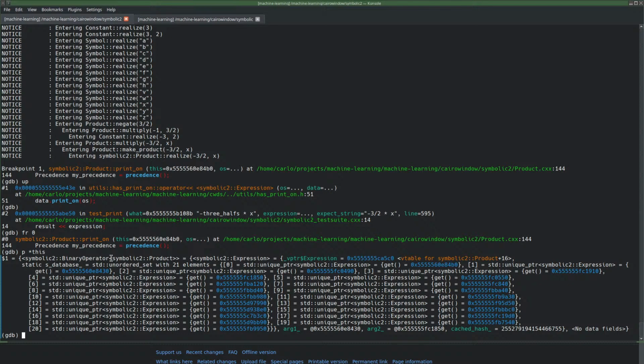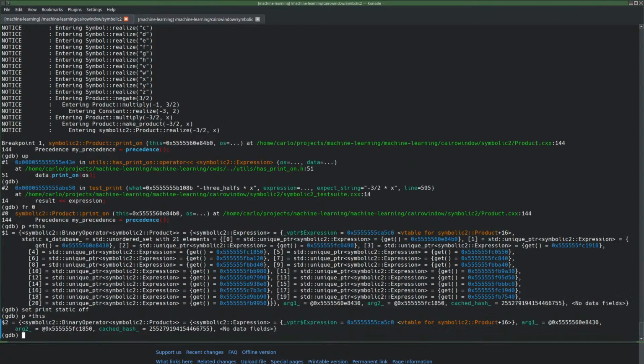Symbolic two-binary operator. It's the base class. Argument 1 is this, and argument 2 is that, and nobody knows what it really is.